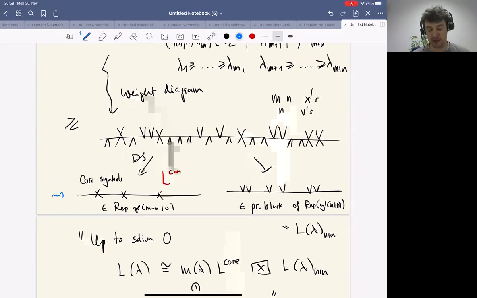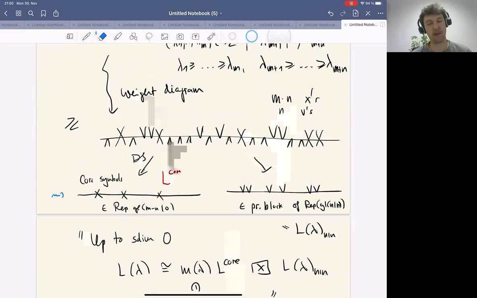So the superdimension of this isotypic representation must be the same as the superdimension of L lambda. And so this M lambda, this multiplicity, depends not at all on the crosses. It only depends on the so-called arc diagram of this here, which is independent of the block of the crosses.